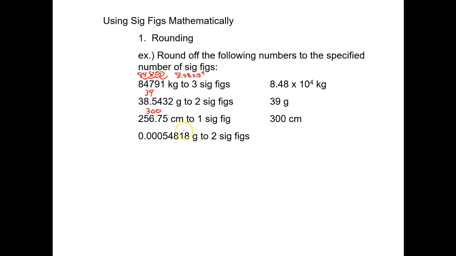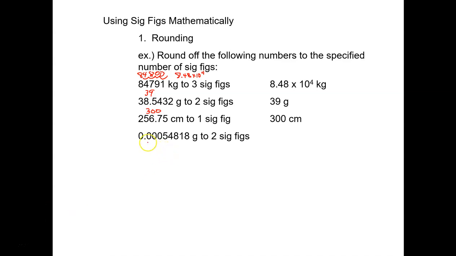But I can't just drop off, let's say, all of this. That would make no sense. If I dropped off all of that, then I would be left with 0.00. So the easiest way to do this is to write this in scientific notation. If we write this in scientific notation, then we can do it. So let me get rid of that line so we can work with this.